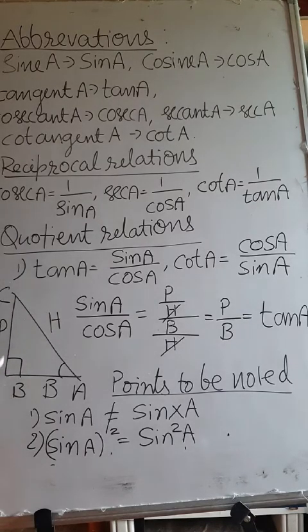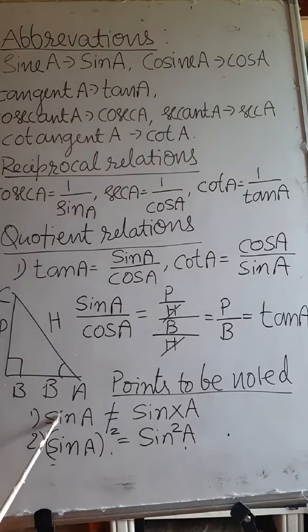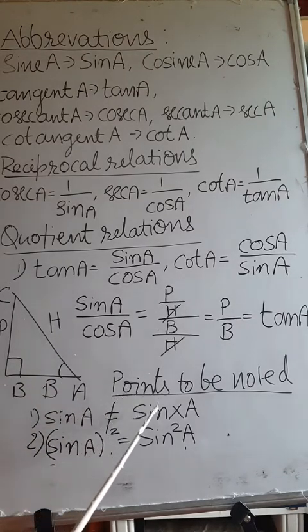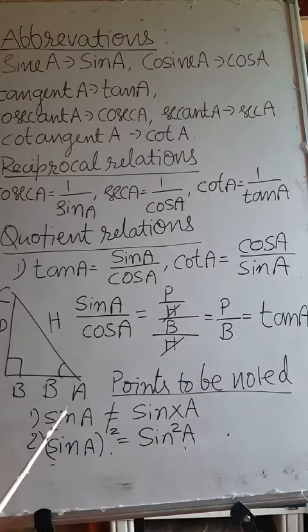Then you consider the specific values and write that ratio. So sin A is not the product of sin into A. Sin A means sin of angle A.